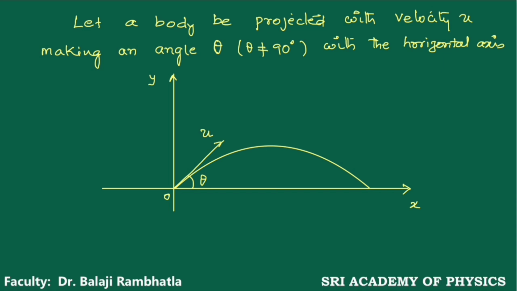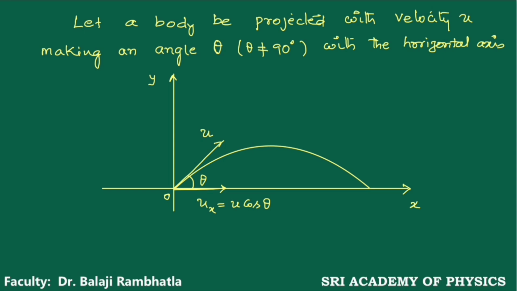Now this velocity we resolve into two components. One is along the x direction and one is along the y direction. The x direction component of the velocity we can represent as ux equal to u cos theta.